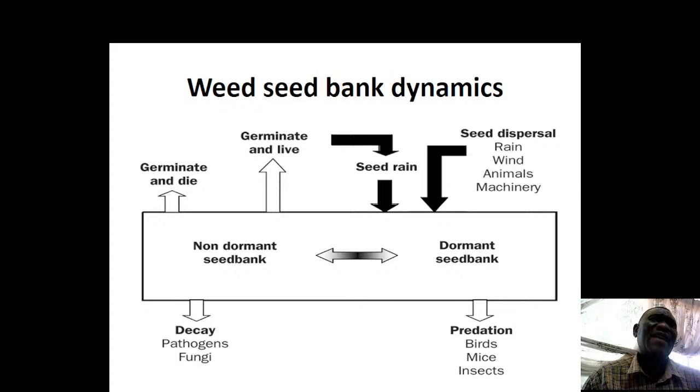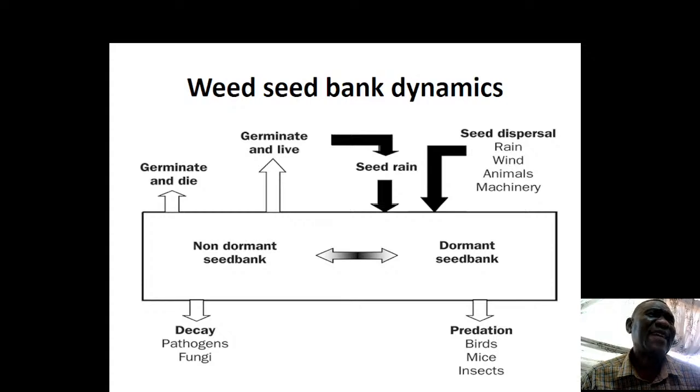Or you can have a seed which is coming from far away via rain, wind, animals, machinery, seed dispersal, which we have actually covered, can contribute to the seed banks.